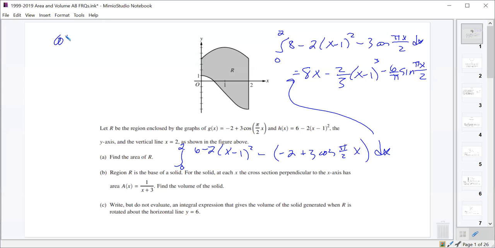If you're not sure how we got that, we got a minus 3 cosine(pi x over 2). This is a function pi x over 2 within another function, so you have to use u equals pi x over 2. So du is pi over 2. So when you do that integral, you'd have to multiply by a pi over 2, which would mean you'd put a 2 over pi on the outside.